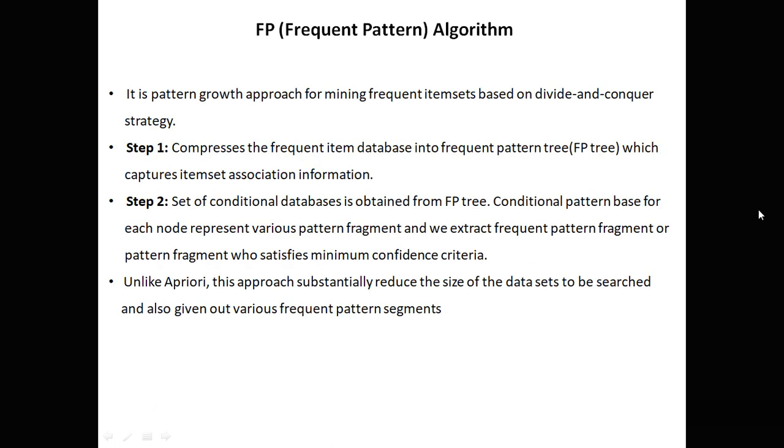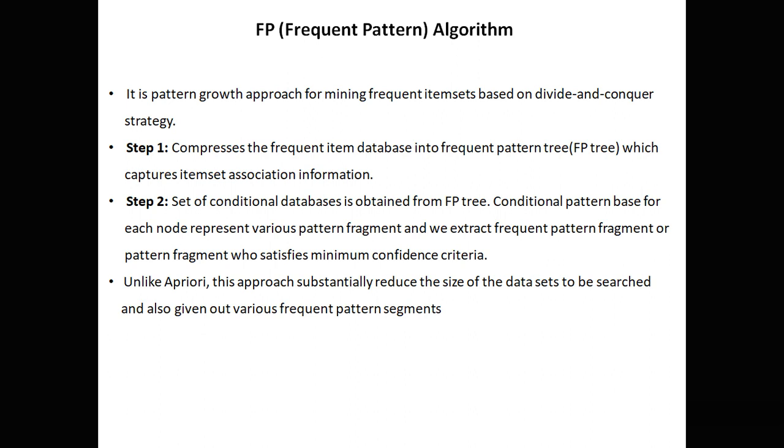Frequent pattern tree algorithm: a fast recap. It is a pattern growth approach for mining frequent item sets based on a divide and conquer strategy. Two steps are there. Step 1 is generation of the frequent pattern tree: compress the frequent item database into a tree which captures the item set association information. Step 2: from the frequent pattern tree, generate the set of conditional databases.